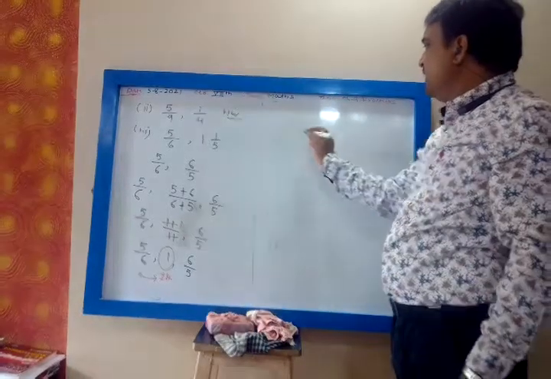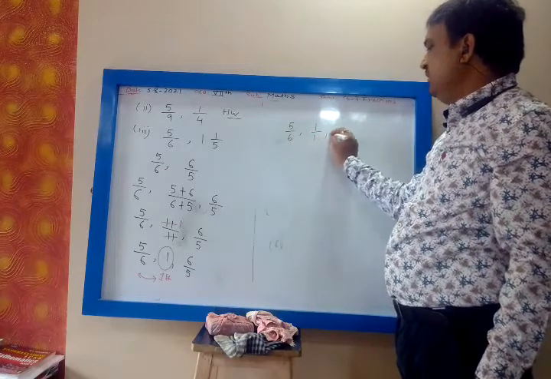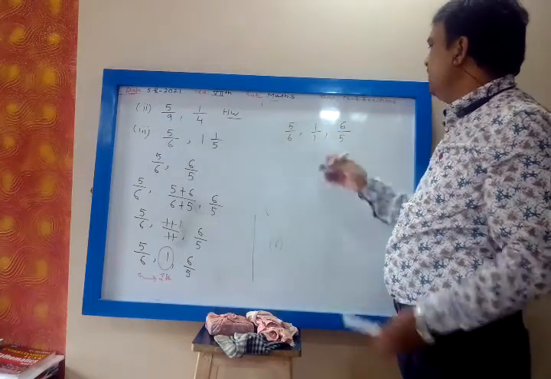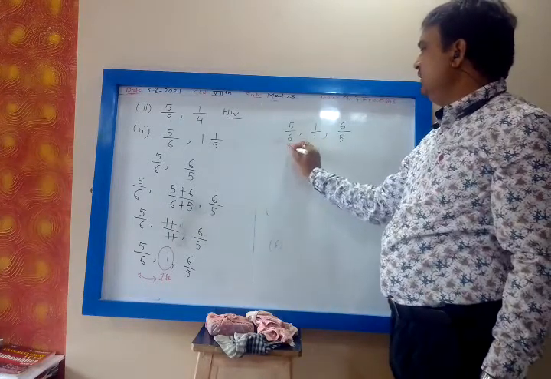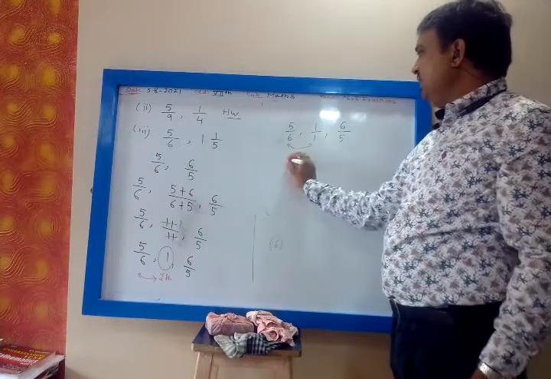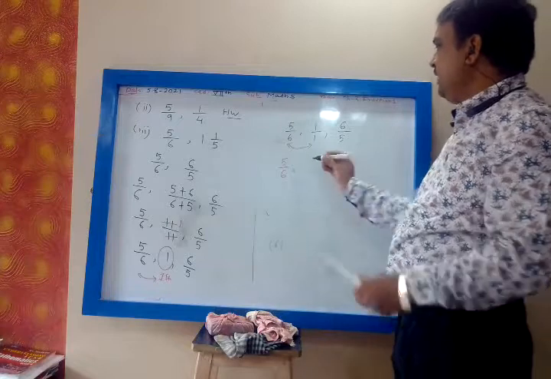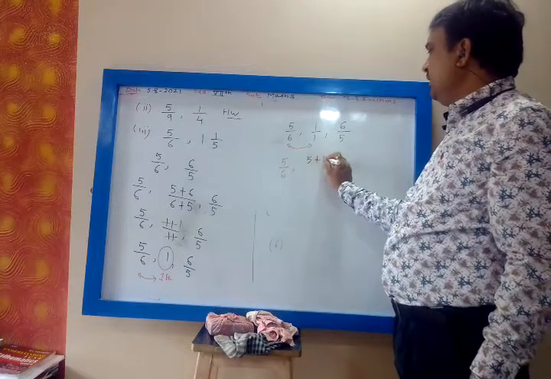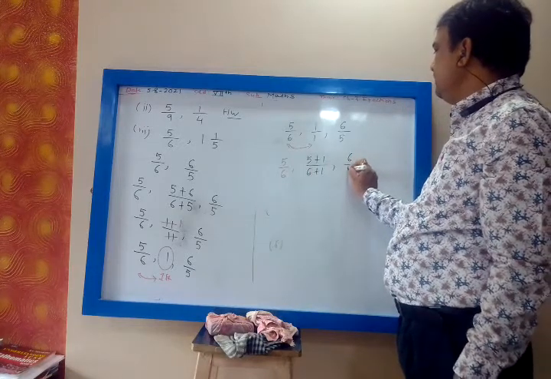Then 5 by 6, what will you write? 1 upon 1, 6 by 5. Now you consider these two. So that is 5 by 6, yes, what will you do? 5 plus 1 upon 6 plus 1, 6 by 5.